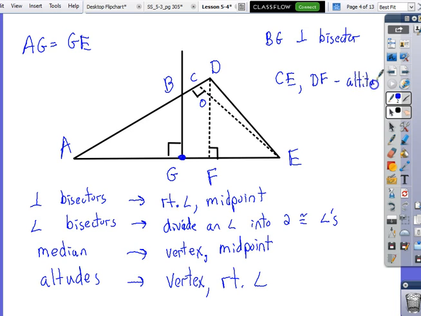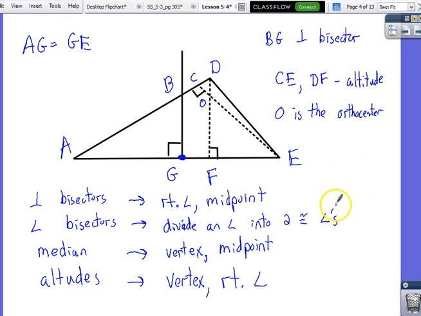Altitudes. And if you have two altitudes that cross, they cross at what? Orthocenter. So O is the orthocenter. So not only do you have to know how things match up, but you need to know what they cause.